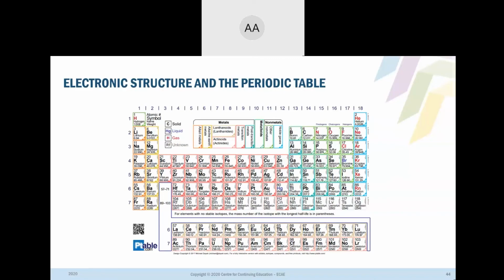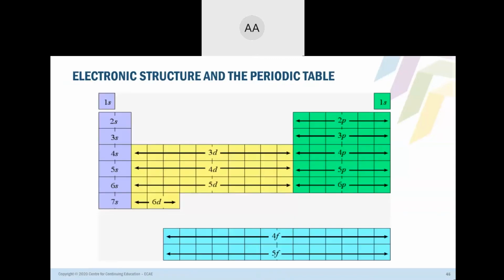So how are these related to how everything is displayed in the periodic table? Well, let's have a look. When we look at the periodic table, we generally get elements arranged according to the number of electrons in them and which shell they fill.